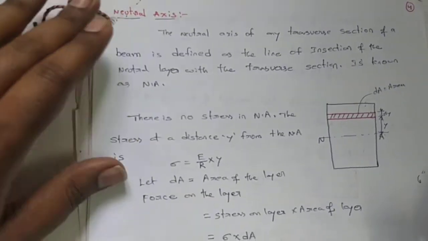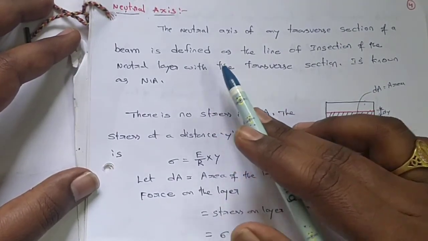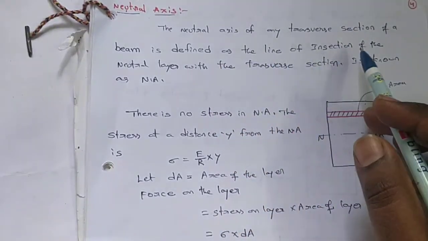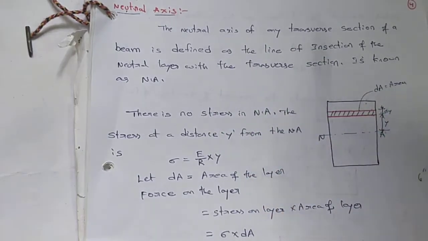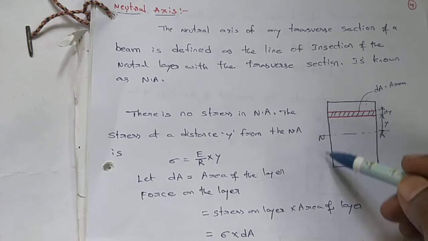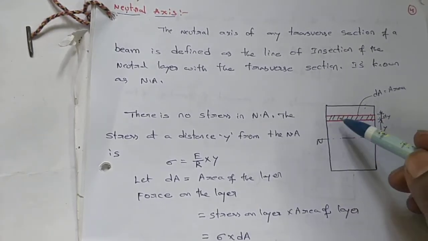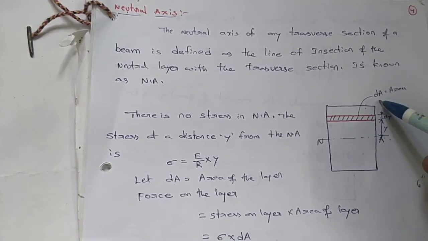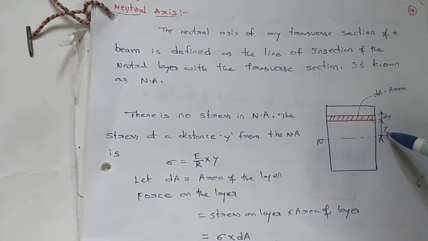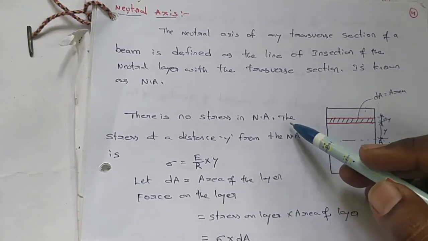Next, coming to the neutral axis: the line of intersection of the neutral layer with the transverse section of a beam is known as the neutral axis. This is the transverse section, and this is the neutral axis. Now consider a layer, an area dA with thickness dy. The distance from the neutral axis to this layer is y. At the neutral axis, there is no stress in the element.